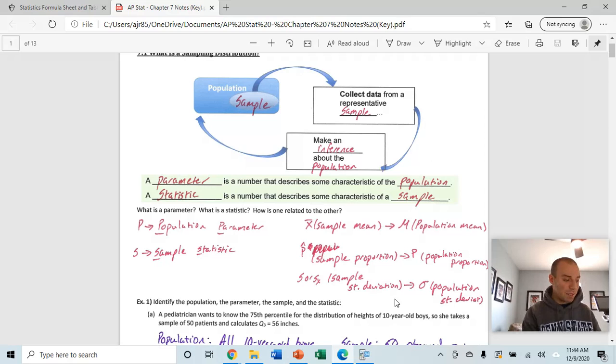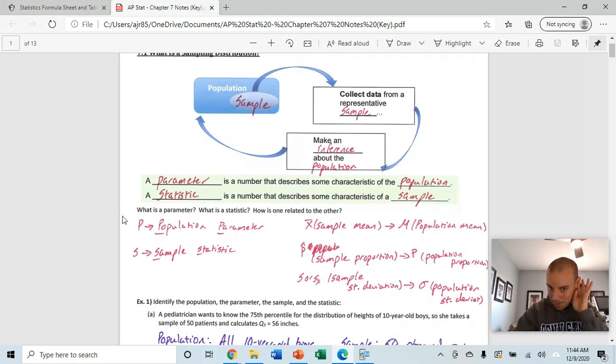That represents the population standard deviation. So on my left-hand side, all of these are statistics. We use statistics to estimate your parameter values. It's very rare that we'll know these parameter values, so we find these statistics and use them to estimate what the parameters actually are.